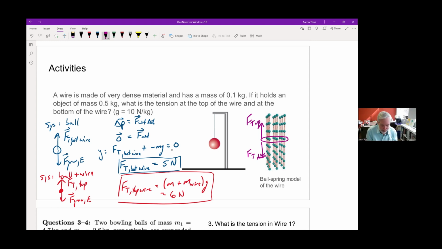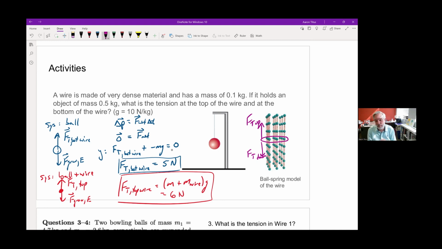So the purpose of the ball spring model in chapter 4 of Matter and Interactions is to give a physical motivation for what tension is. They introduce the ball spring model, and one of the first systems you look at is a wire with a load hanging from the wire, and the wire actually stretches a very small amount, like a millimeter or something.